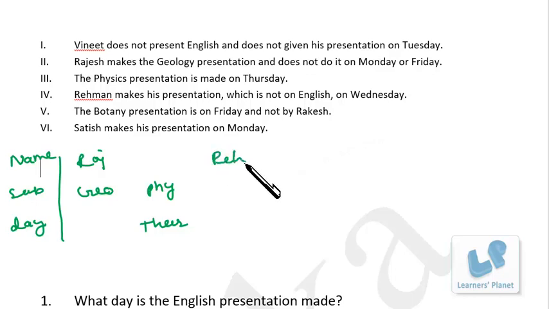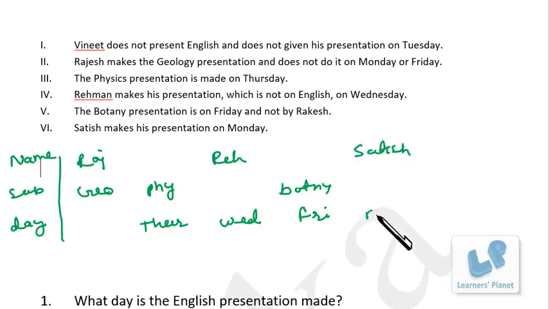Rahman makes his presentation, which is not on English, on Wednesday. So we have Rahman and Wednesday combination. The botany presentation is on Friday. So we have botany and Friday combination, but not by Rakesh. Satish makes his presentation on Monday. So we have Satish and Monday combination. Okay.